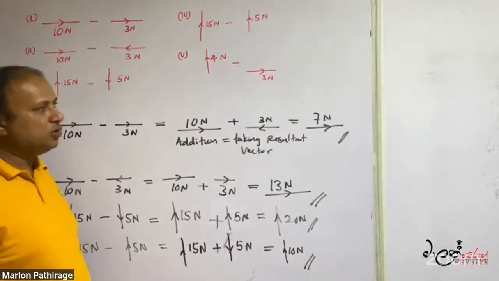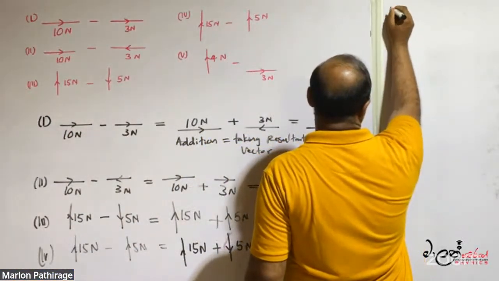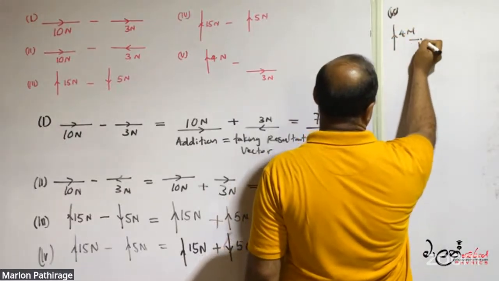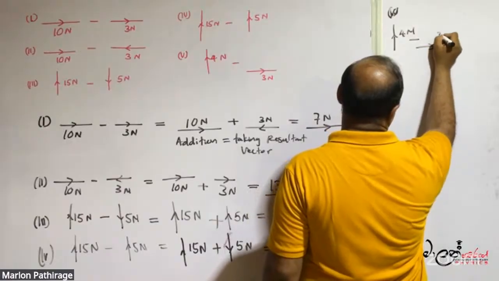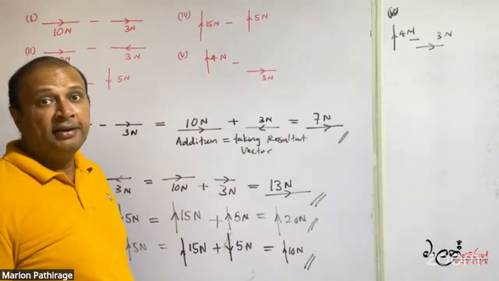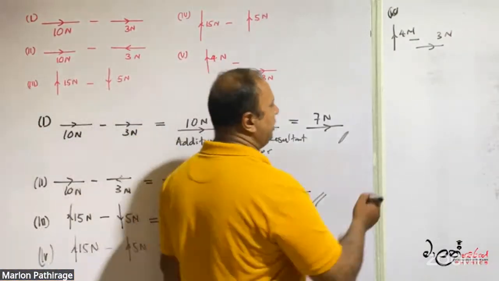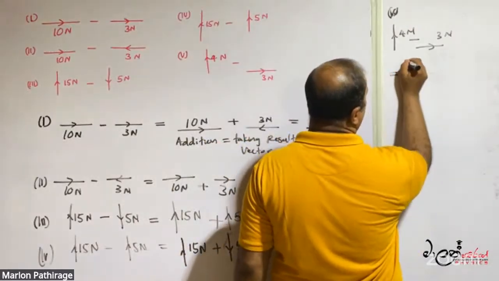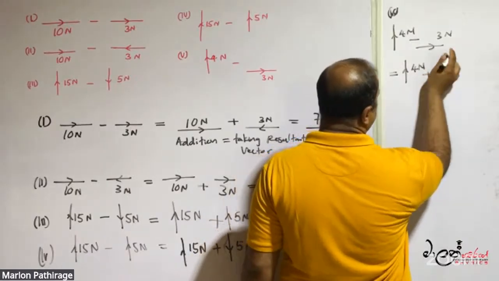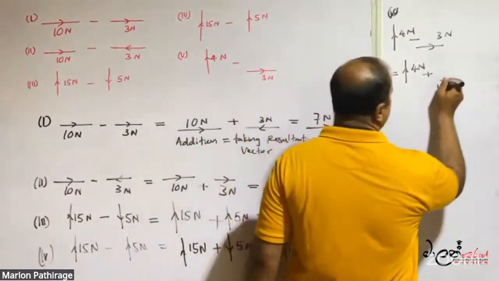Then the last one. 4 Newton force in the upward direction, 3 Newton force in this direction. Again, subtraction means addition with the negative vector. Then this is equal to 4 Newton force in this side plus the reverse vector of the second.